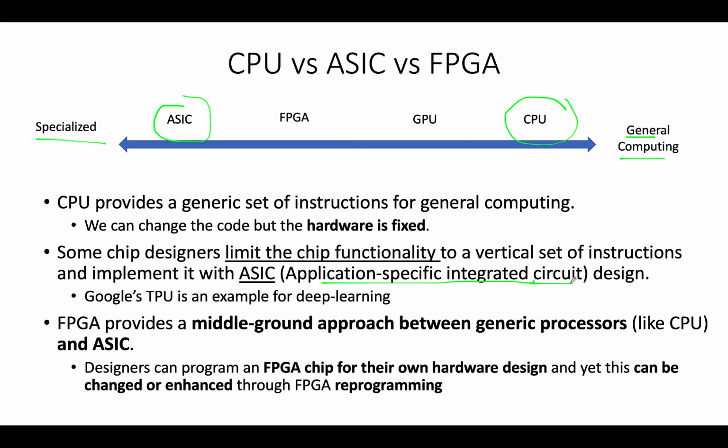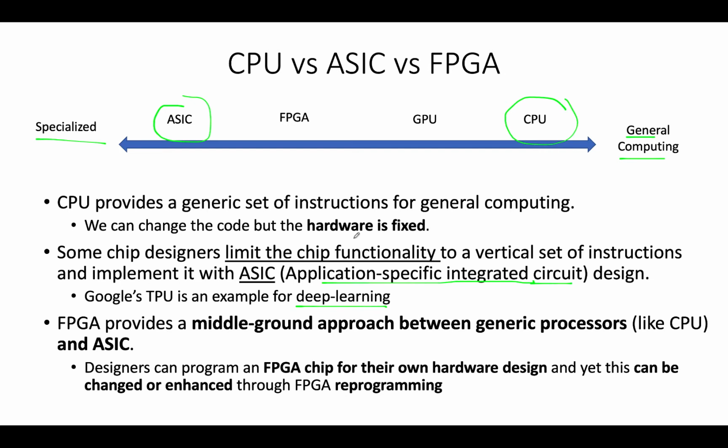So these are a specific chip that are specifically designed to solve a very limited number of workloads. An example of ASIC is the Google's TPU. That is an ASIC specifically designed for solving deep learning and machine learning neural network workloads.